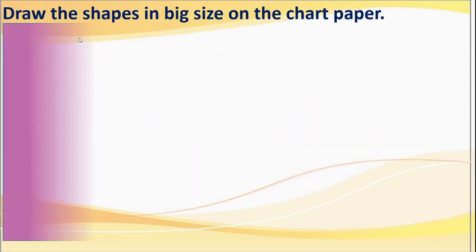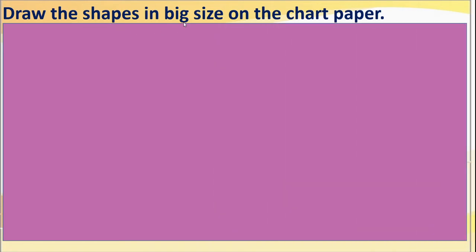First thing is, draw the shapes in big size on the chart paper. This is our chart paper. What do we have to do now? Draw the shapes in big size. We know some shapes like square, rectangle, circle, then kite, isn't it? So many shapes we know. We will draw some shapes.